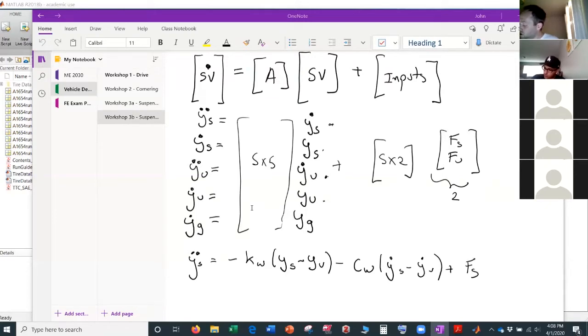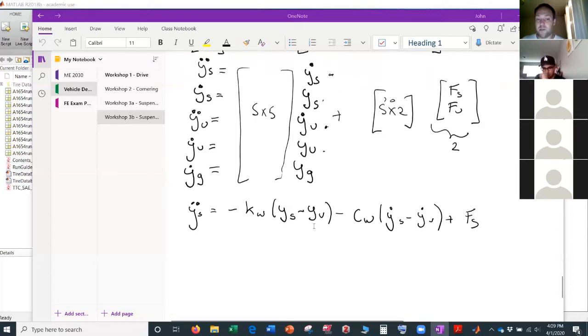So this term, for example, is 1, 0 in the top, because I have force sprung. You can see the top left term is going to be my minus CW, because that'll be CW times y dot sprung. If you want to do it in a matrix, we could try and find all these locations, but let's not bother.